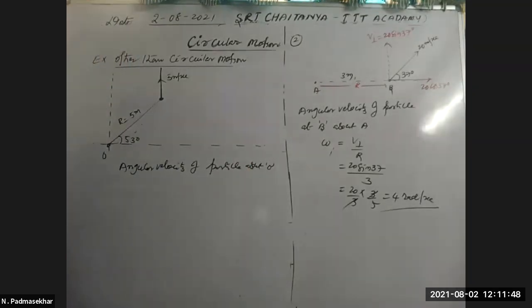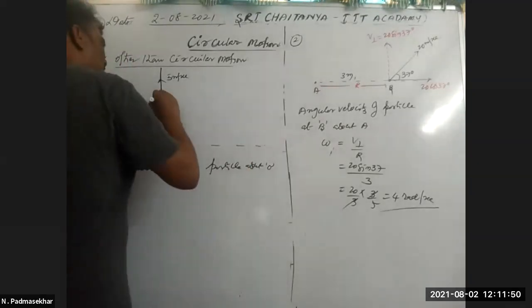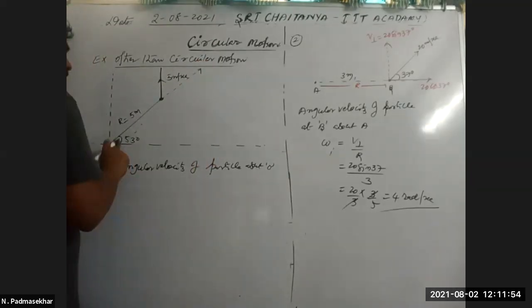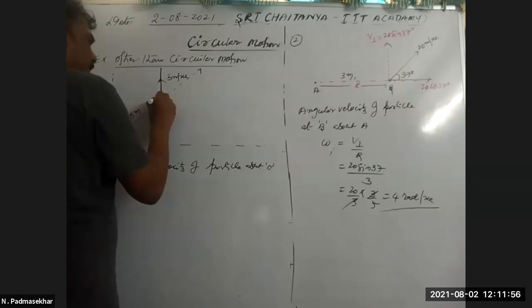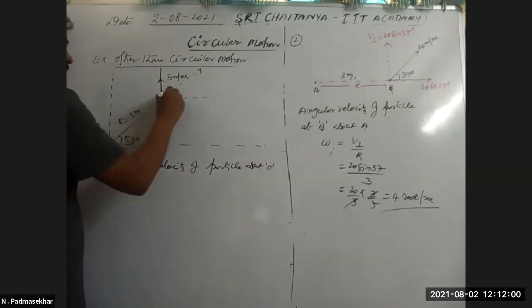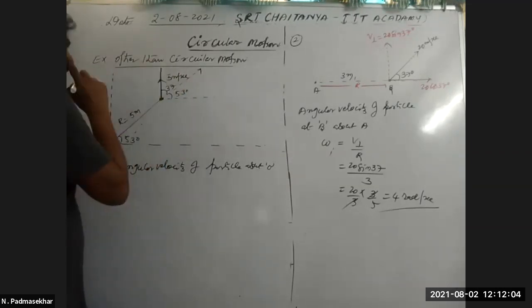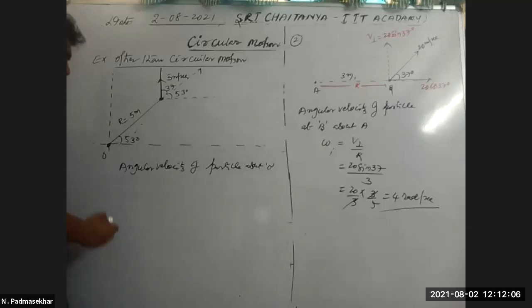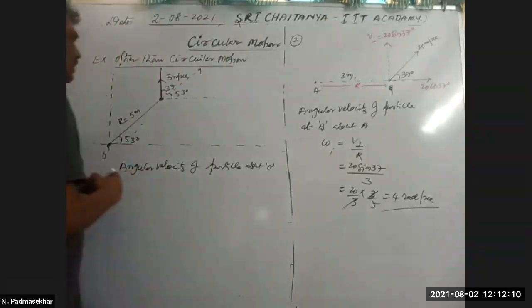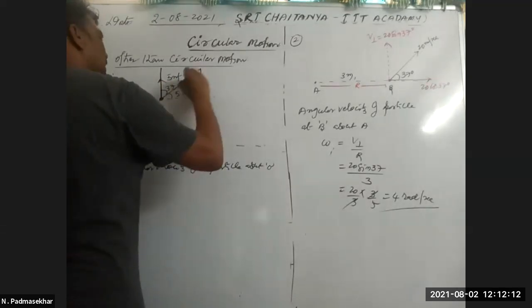Angular velocity of the particle. And see, this is 53, this is 37. Yeah, this can be resolved into components.